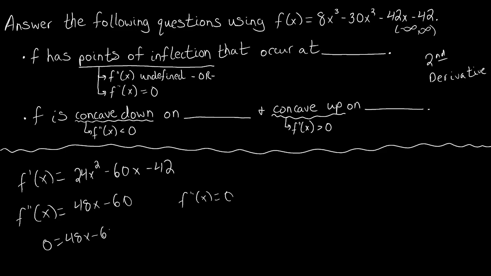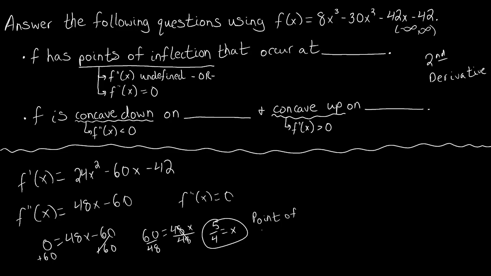Adding 60 to both sides, we get 60 equals 48x, and if we divide by 48 on both sides, 60 divided by 48 reduces to 5 over 4 equals x. So x equals 5 over 4 makes our second derivative equal to 0, so this is a point of inflection.